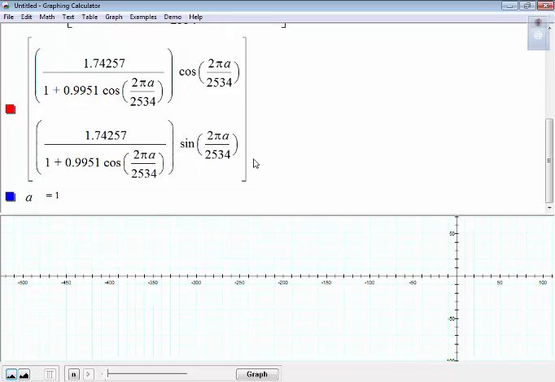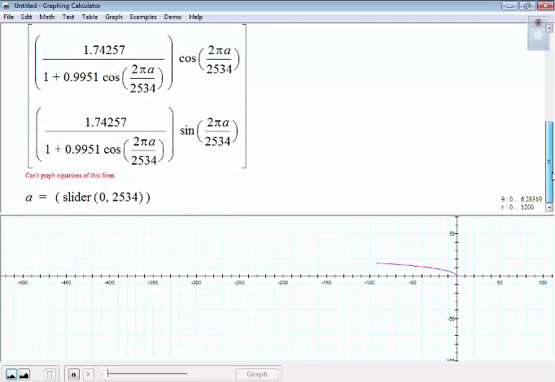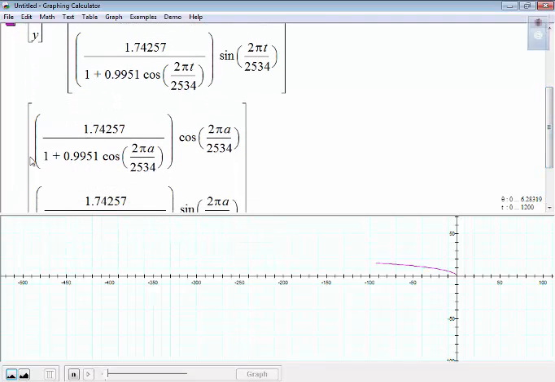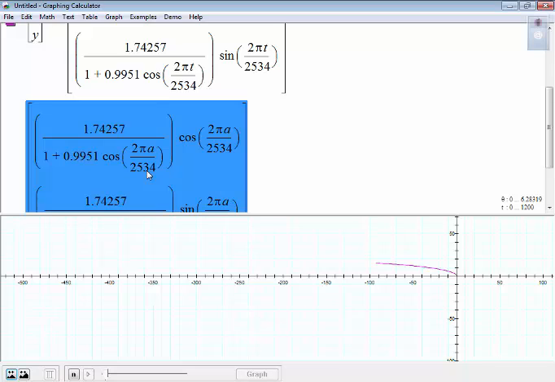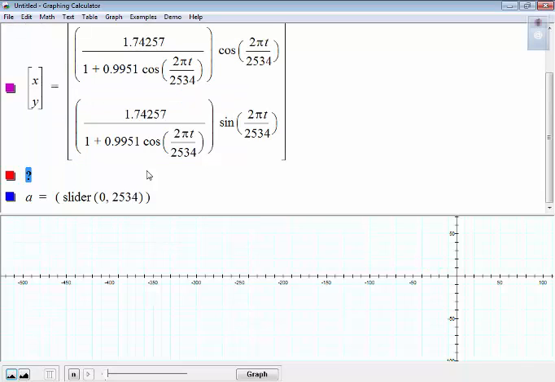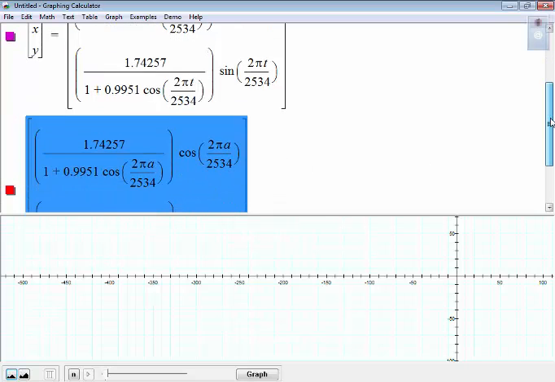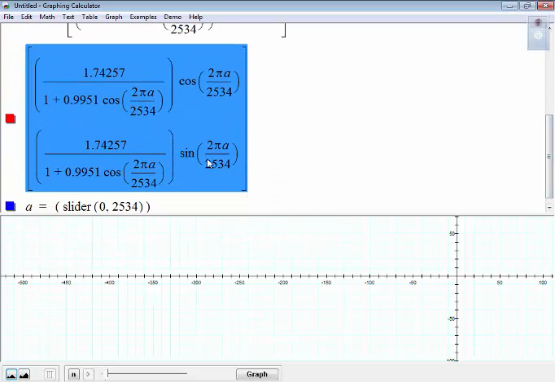And then let's let a equal to these possible values. Can't graph, really? No, I think, well, this is just a two-dimensional point.